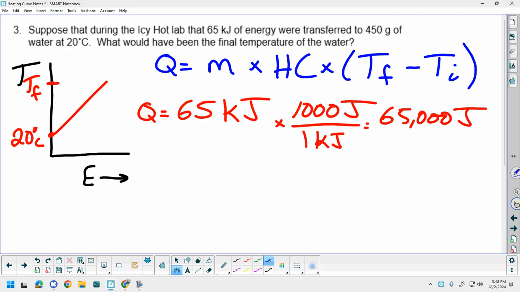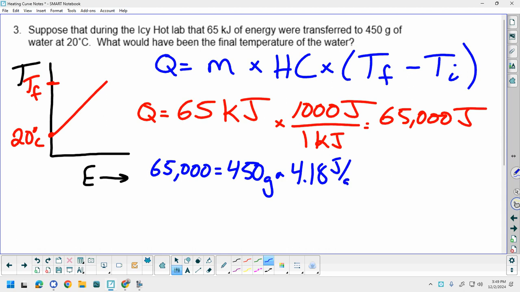So that's going to be our Q, 65,000. The mass, we're told, is 450 grams. The heat capacity for liquid water is 4.18 joules per gram degrees Celsius times a final temperature, which we don't know, minus our initial temperature, which is 20.